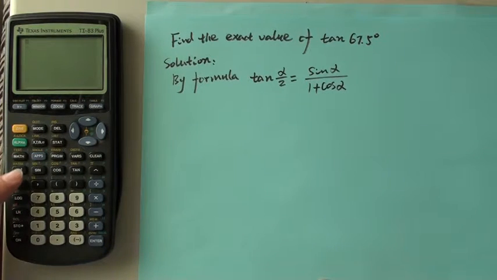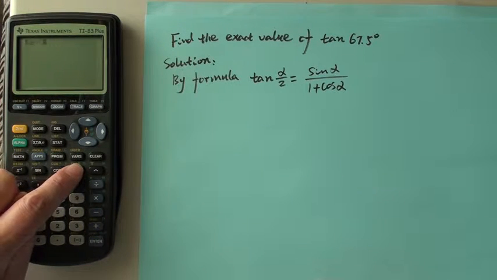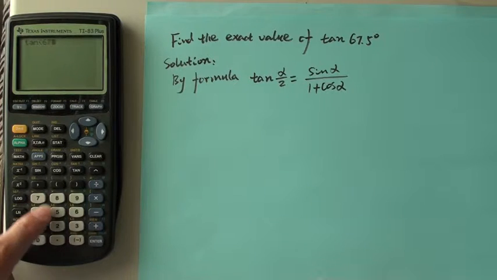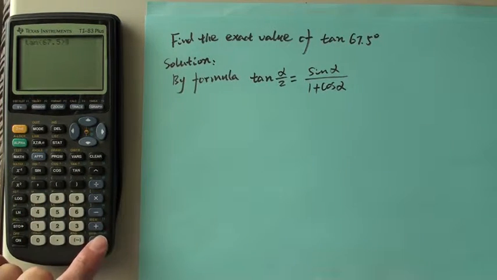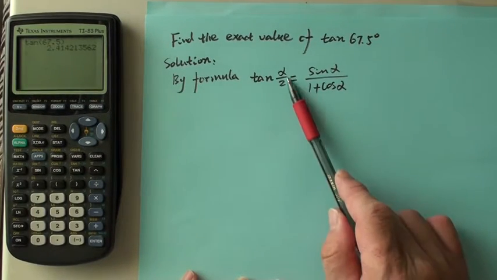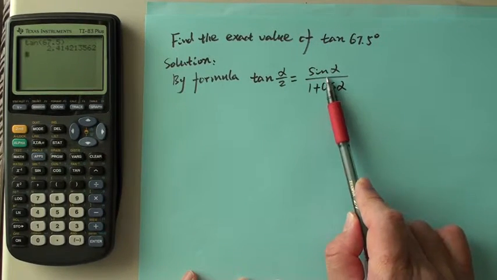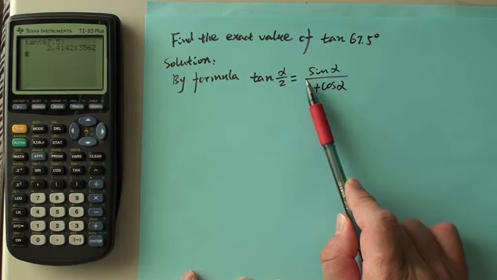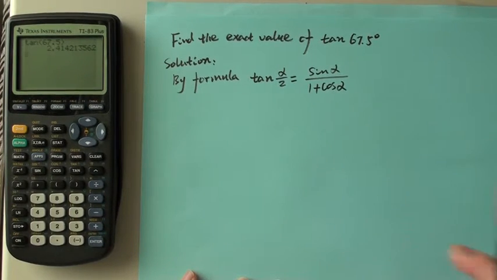If you enter tangent 67.5, you get an approximate value, and it's not going to be accepted. So you have to use the half angle formula: tangent of alpha over 2 equals sine alpha divided by 1 plus cosine alpha.